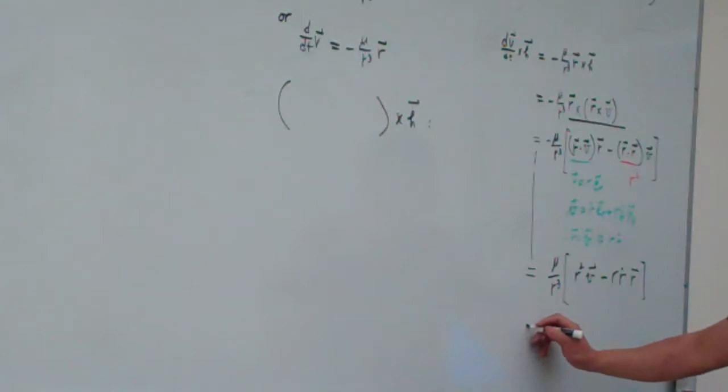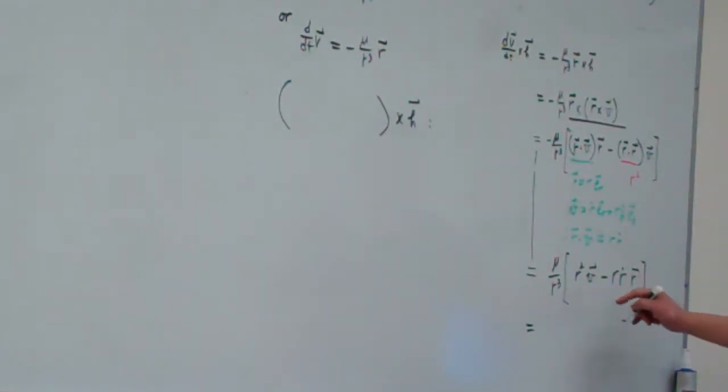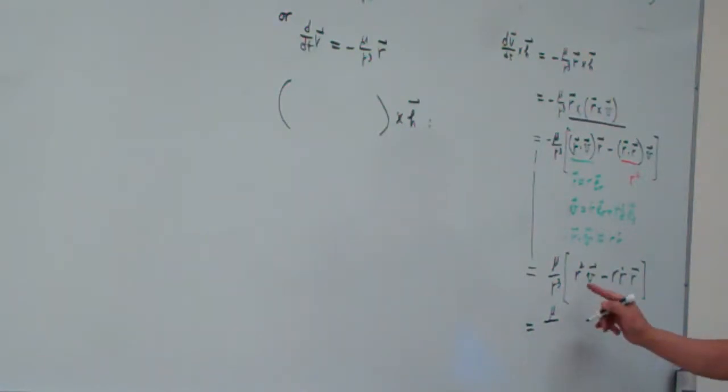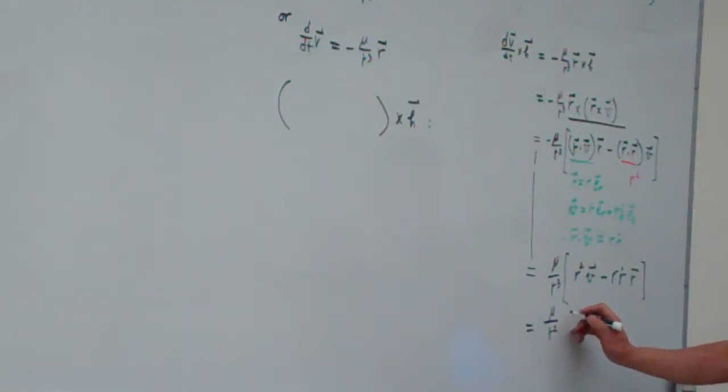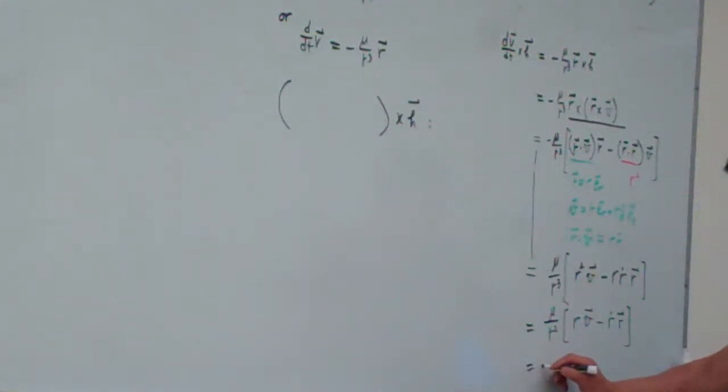Here they both have R, so we take one R out and divide the numerator and denominator by R, so that is mu over R squared times (R V minus R dot R vector). If you look at this carefully, this one actually is d/dt of this one.